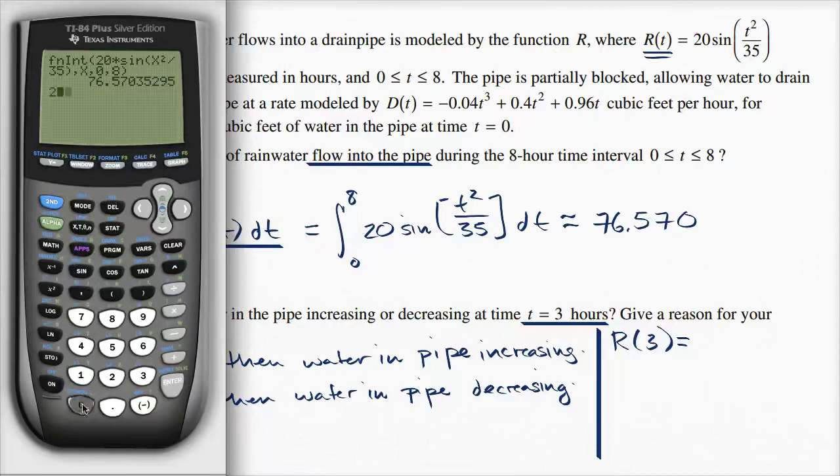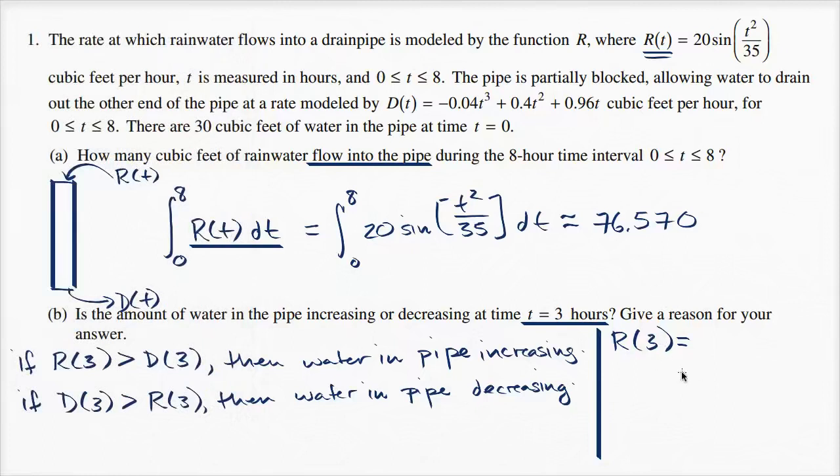It's going to be 20 times sine of 3 squared, which is 9, divided by 35. And this is equal to approximately 5.09.